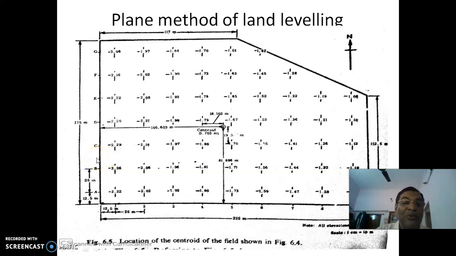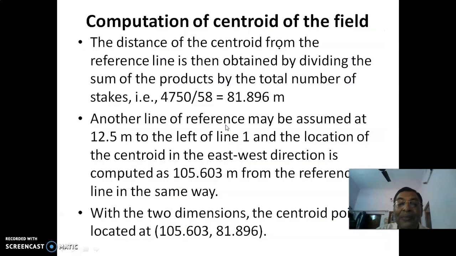When you go on computing, repeating that procedure, you get this distance, around 105 point something. So earlier you got this line, now you got this line. Both intersect at this point. This is called the centroid.